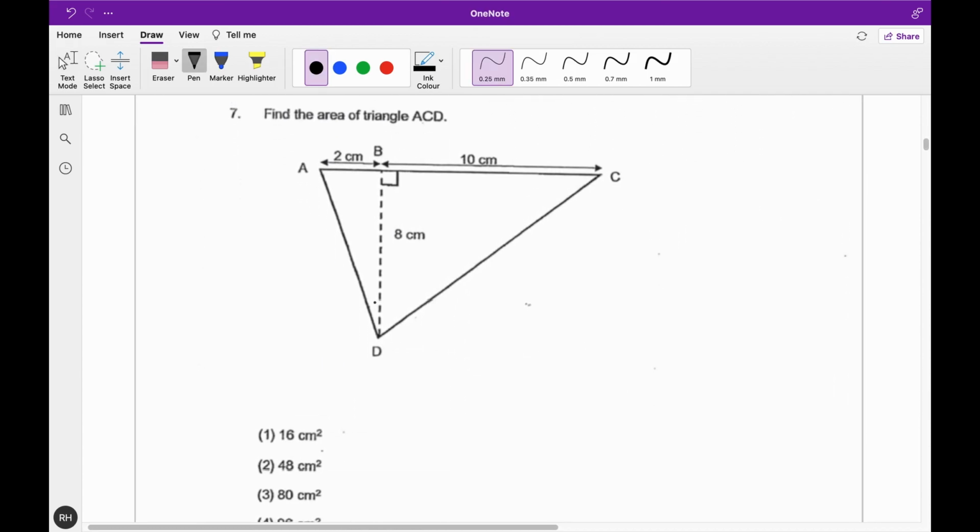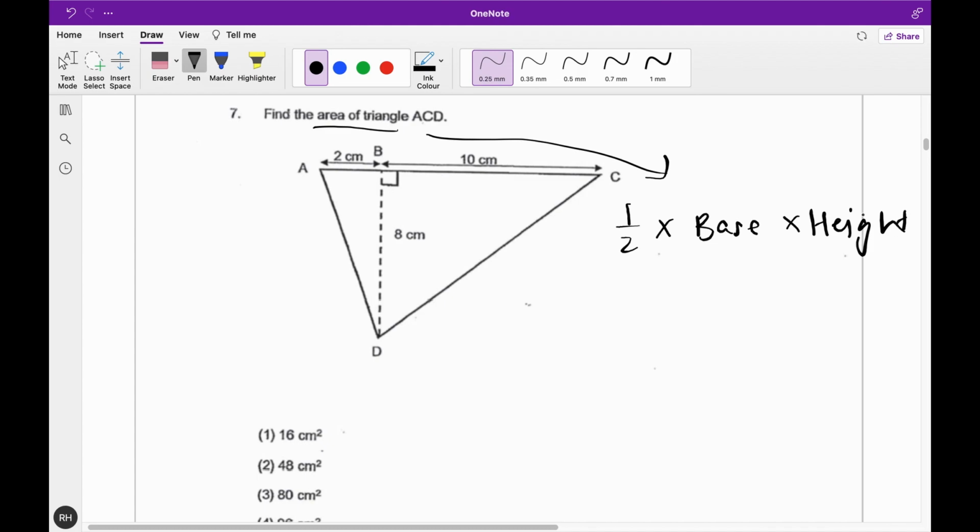Question 7. Find the area of triangle ACD. How to find the area of triangle ACD? The formula will be half times base times height. And the important thing is that the height must be perpendicular to the base, which means 90 degrees to the base. You can see here the base would then be 2 cm plus 10 cm, and then the height would be 8 centimeters.